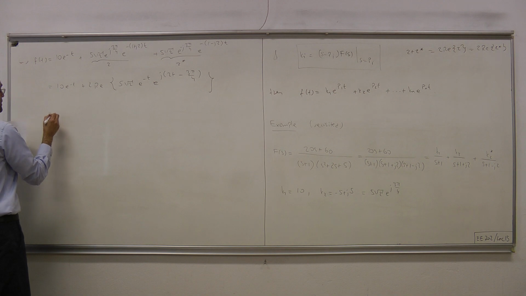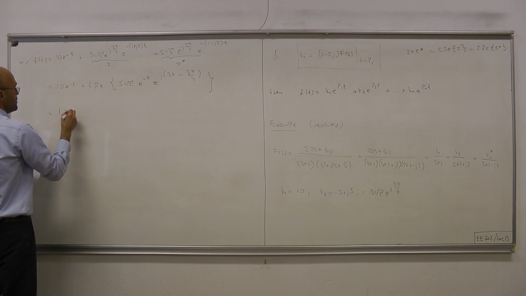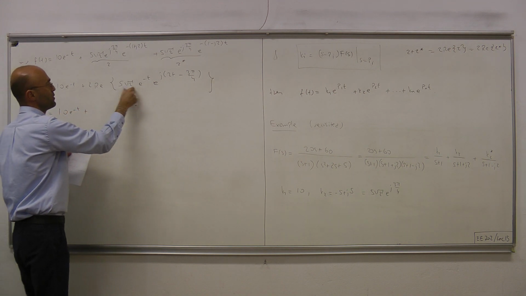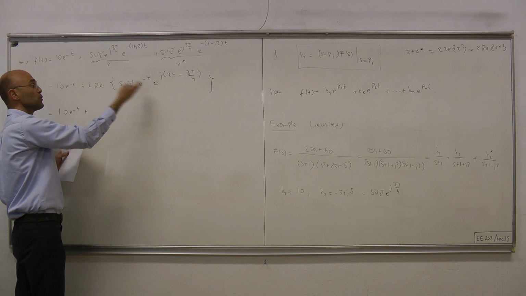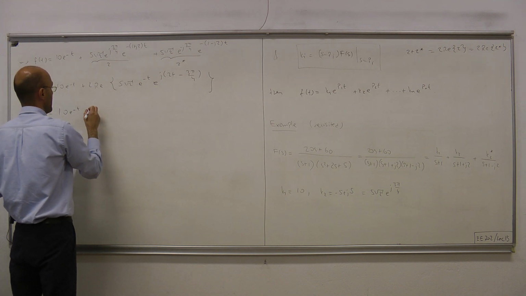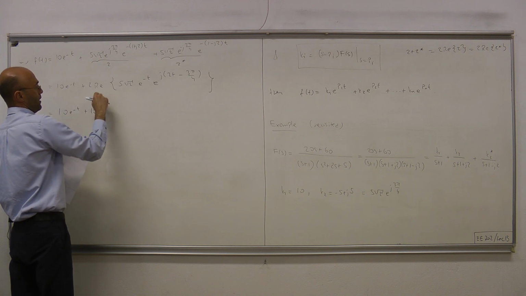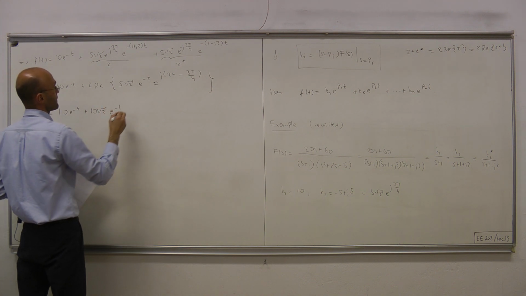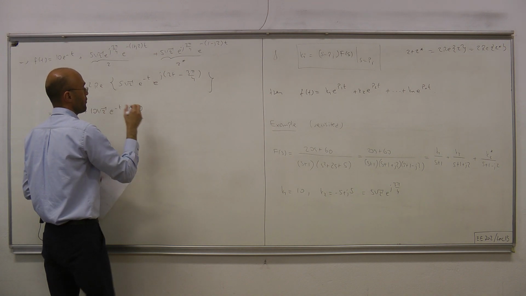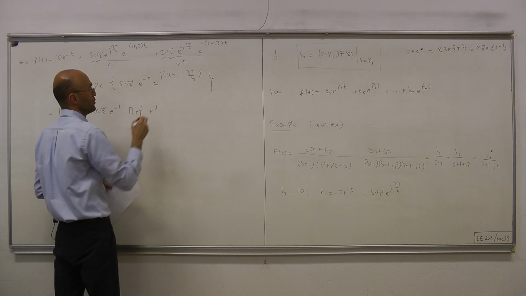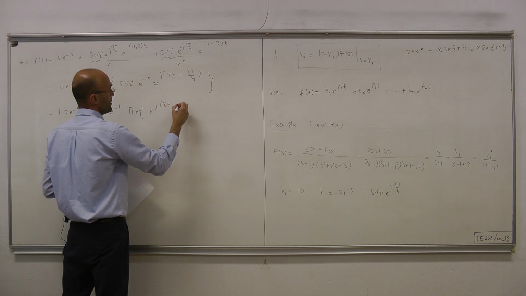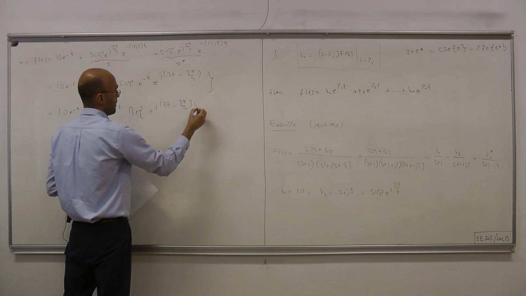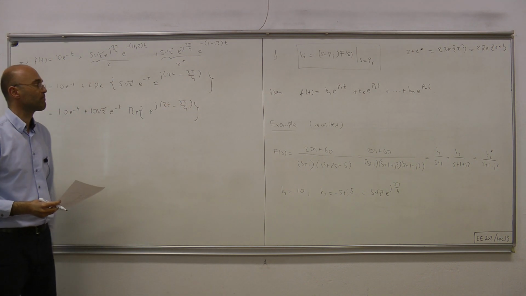Now that equals what? 10 e to the minus t plus, this is real, therefore we can take it outside the real operator, and that yields 10 square root of 2 e to the minus t times the real part of this complex exponential, j 2t minus 3 pi over 4.